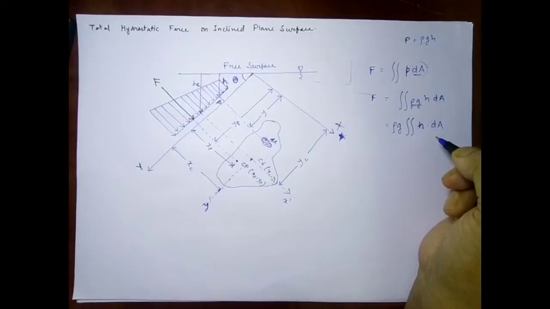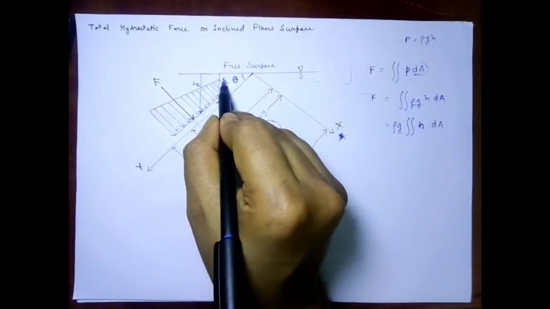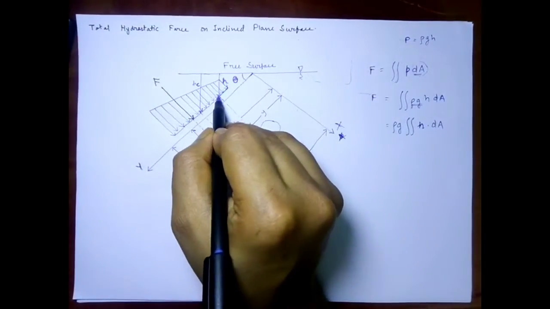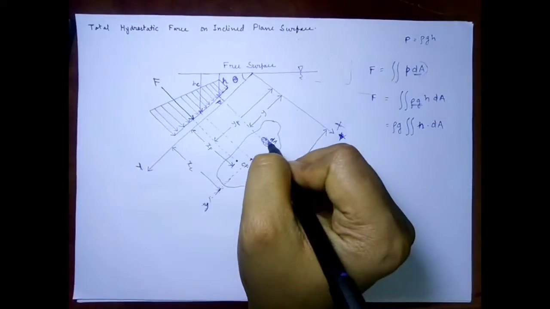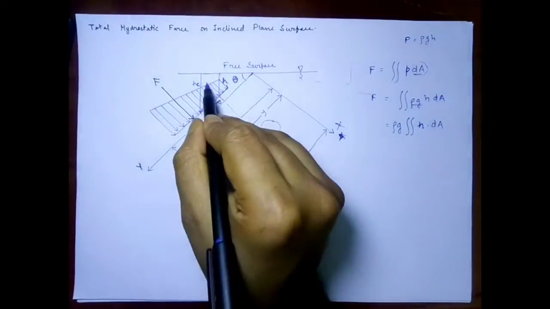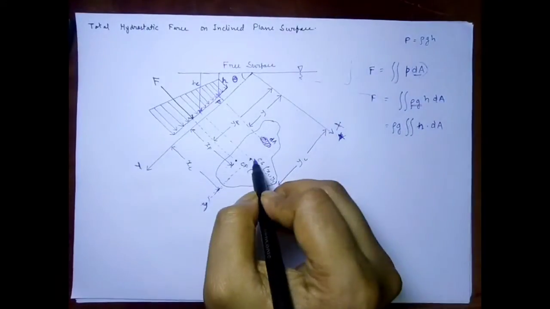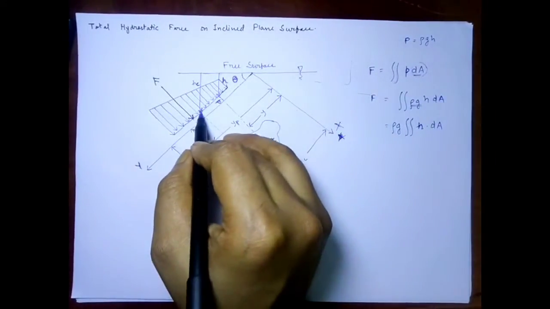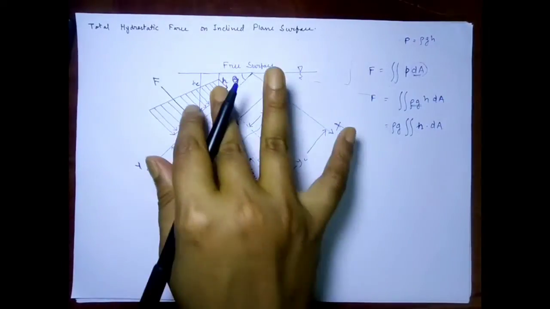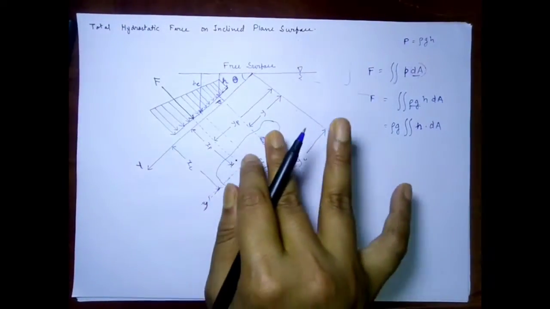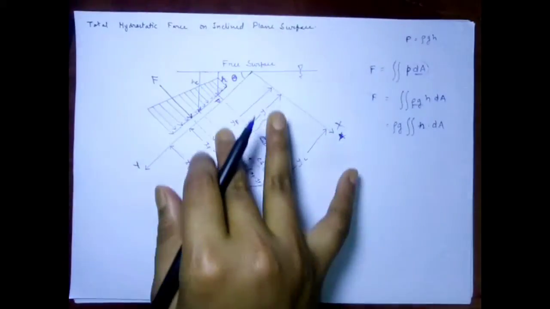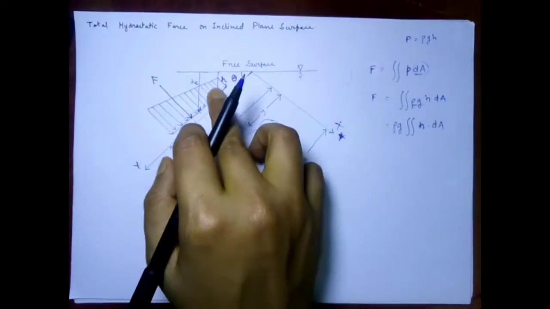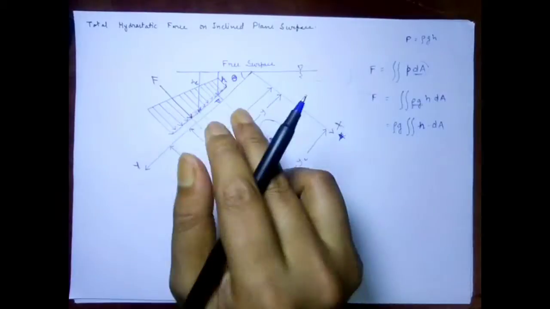Now where is h? h is the actual depth of this strip of area, and hc is the actual depth of the center of gravity. I am representing it over here because it can make my diagram clumsy if I keep pulling the arrows over here, so I have pulled the arrows up to here only.